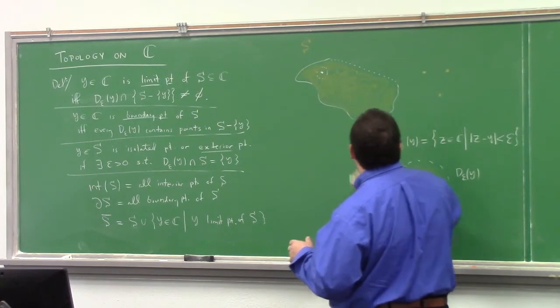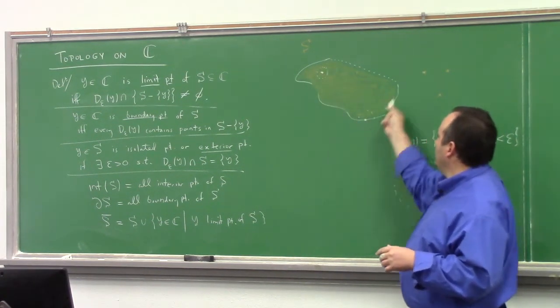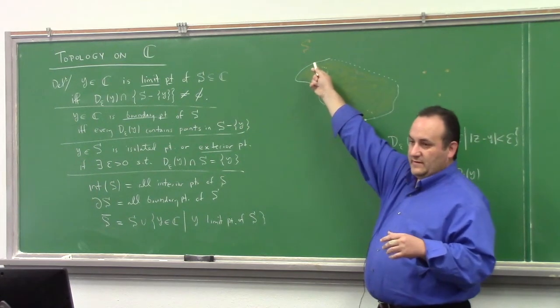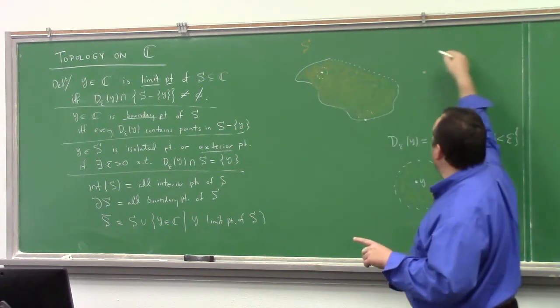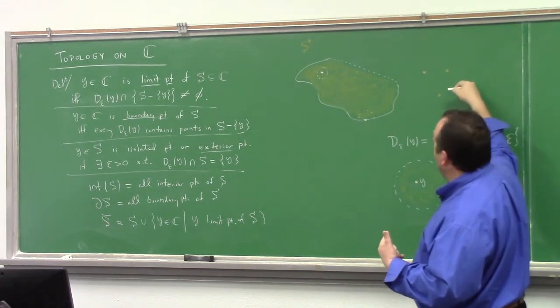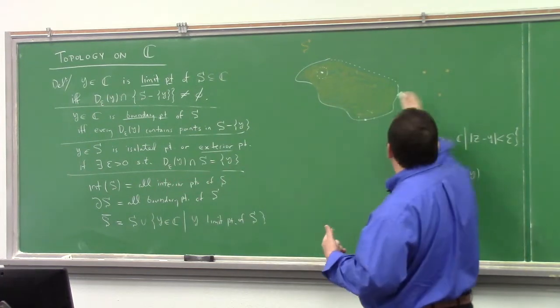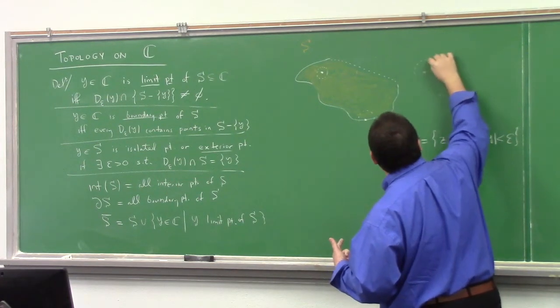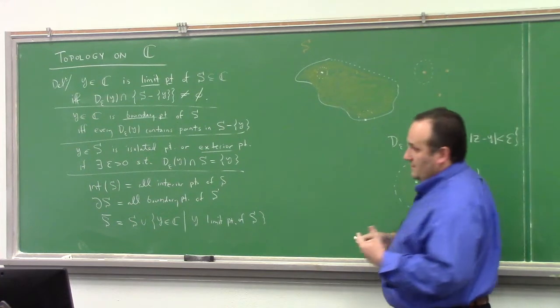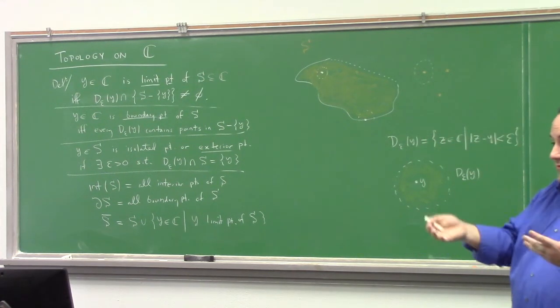The boundary of S includes everything I've drawn in white as well as the dotted region, as well as these three what are called isolated points over here. They're isolated because there exists an epsilon greater than 0, like this one, such that I can draw this open disk around that point, and the intersection of that disk with S is just the point. There's no other.